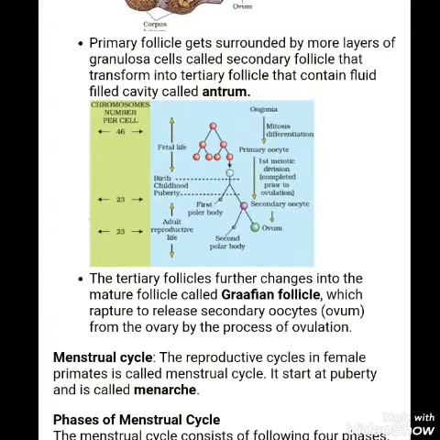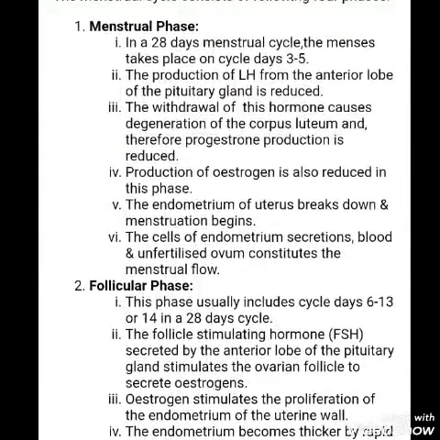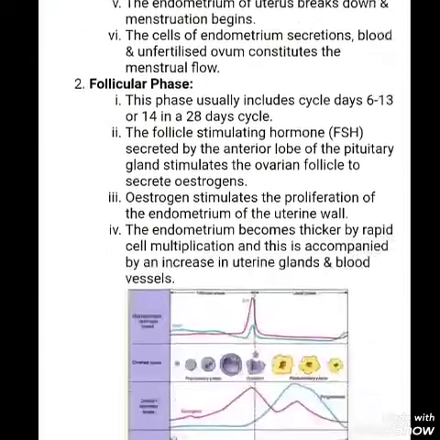The process of release of ovum from the ovary is known as ovulation, which mostly happens at the 14th day of menstrual cycle. Okay, here is the menstrual cycle, which has 4 phases. Menstrual phase, 3 to 5 days when the bleeding occurs.